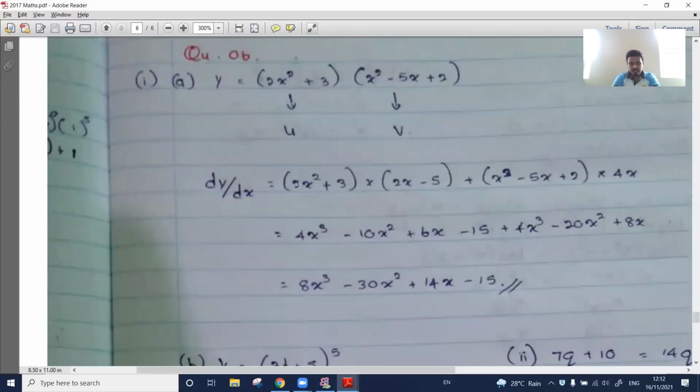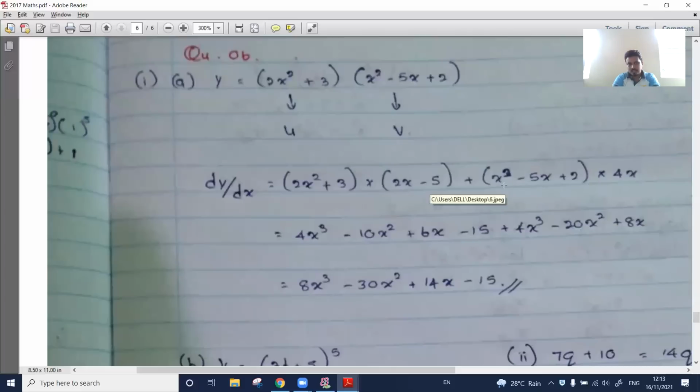Right? 2x into 2x squared, 4x to the power 3. 2x into 3 plus 6x. Minus 5 into 3 minus 15, minus 5 into 2x squared minus 10x squared. Correct.